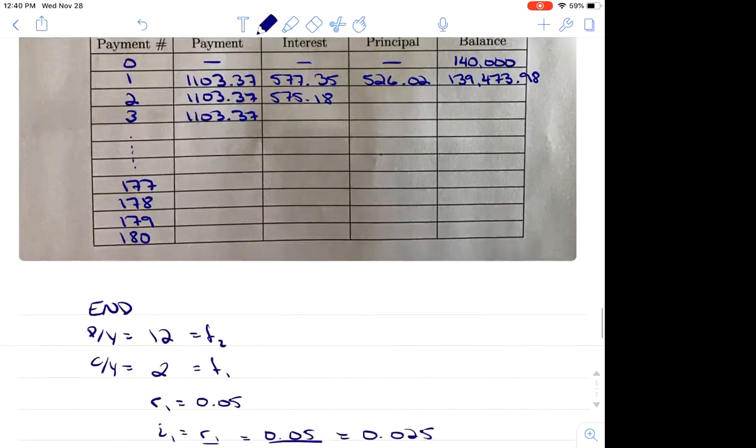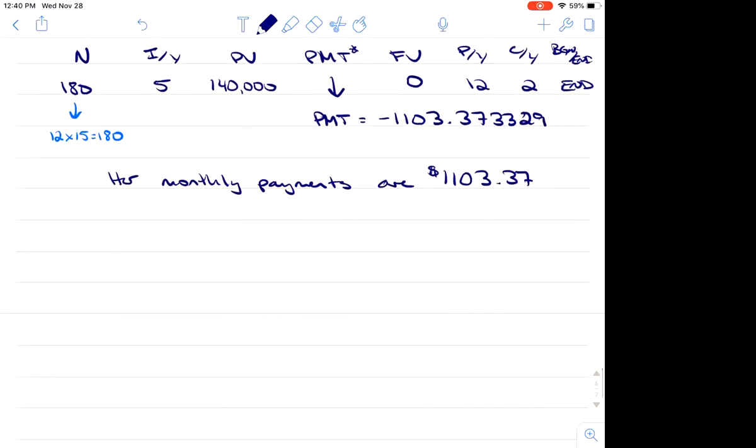Okay, so balance owing at 177. We need the balance owing at line 177.